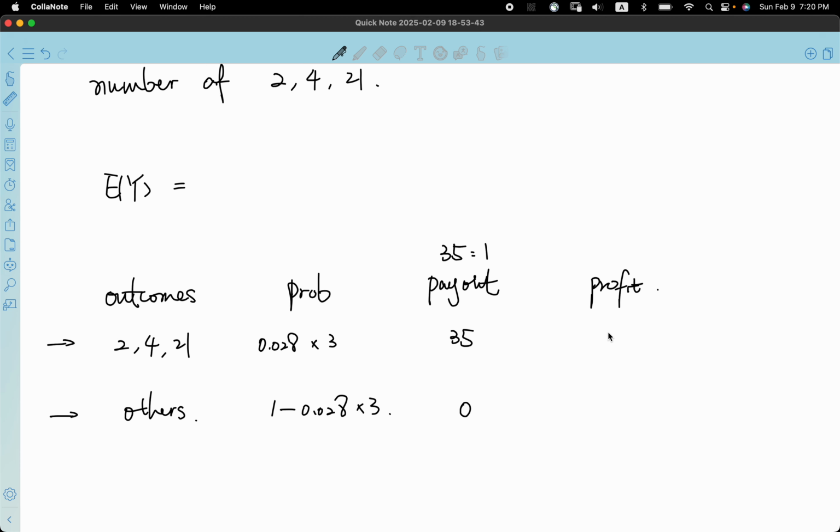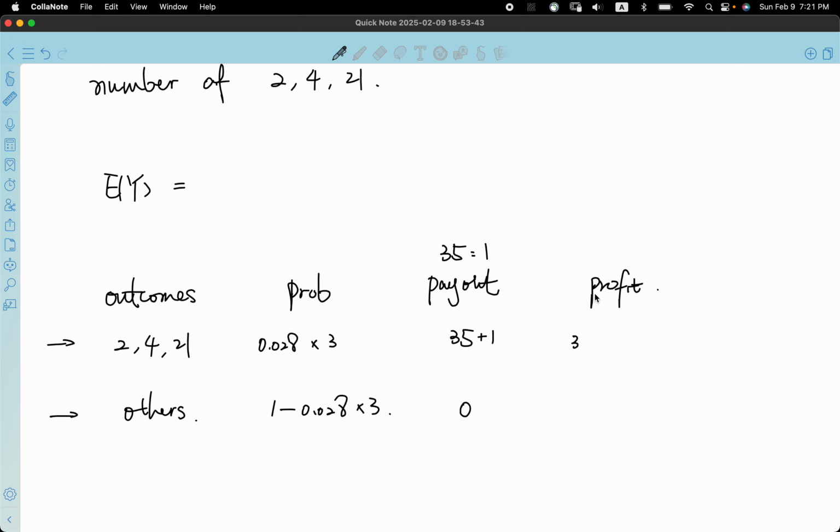And then for the profit, actually here we also get back the $1 that we placed on that particular number. So we'll get the 35 as profit, and also the $1 that we originally bet, we'll be able to get that $1 back. So our payout is totally 35 plus 1.